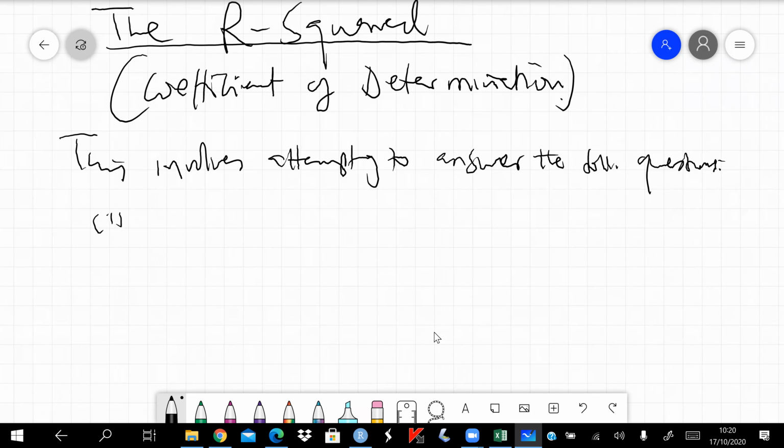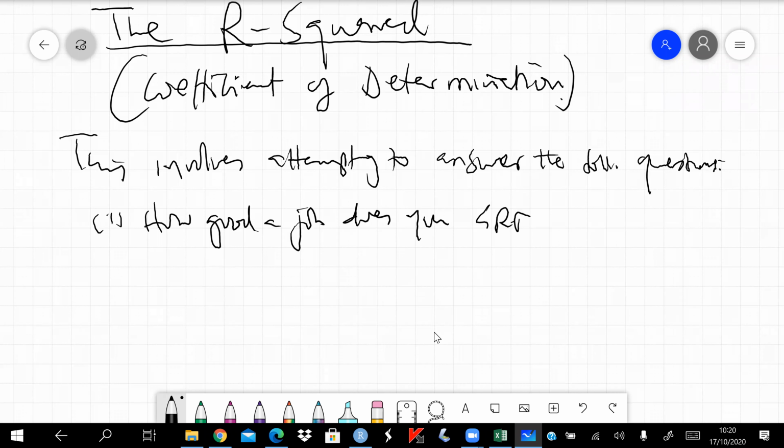Number one, how good a job does your sample regression function do? How good is your regression model? Number two, does the regression function explain a great deal of the variation of Y, or not very much?